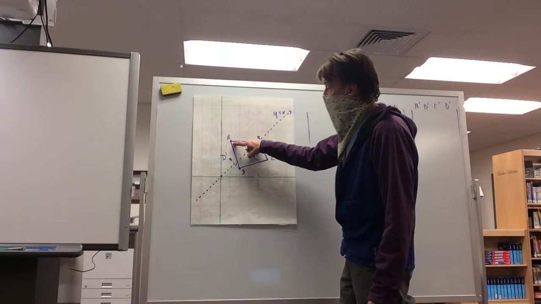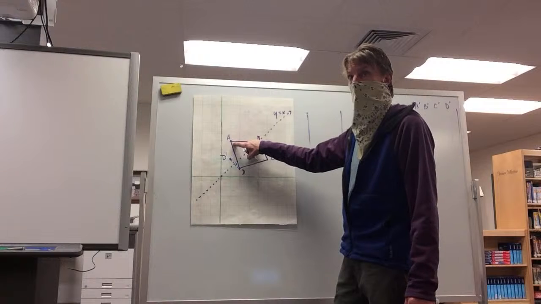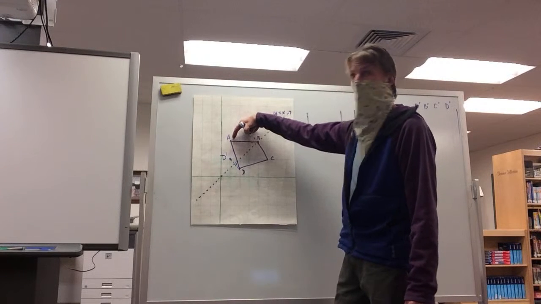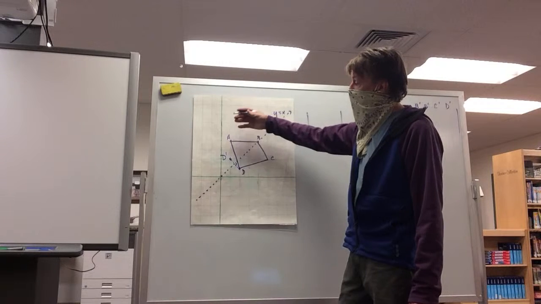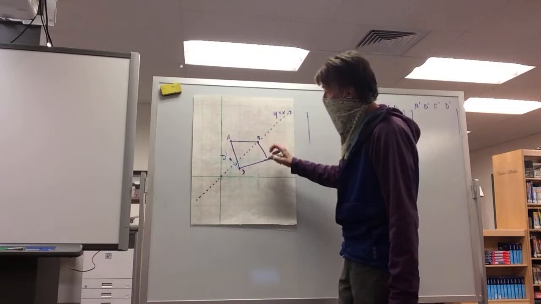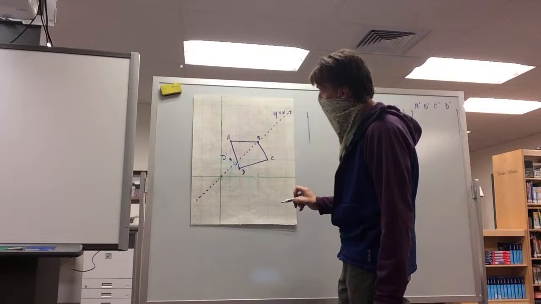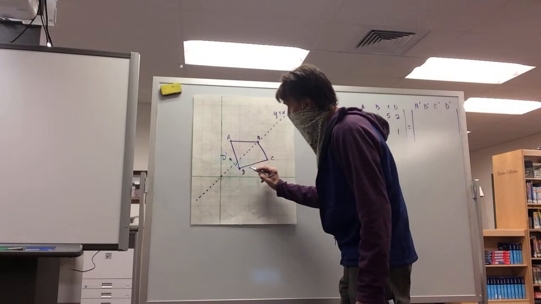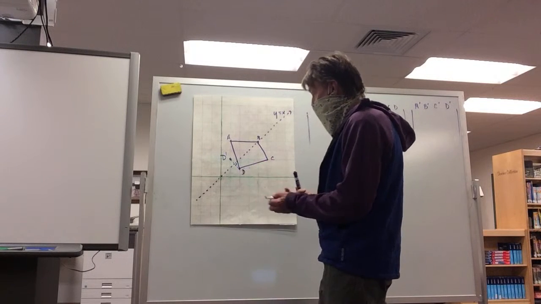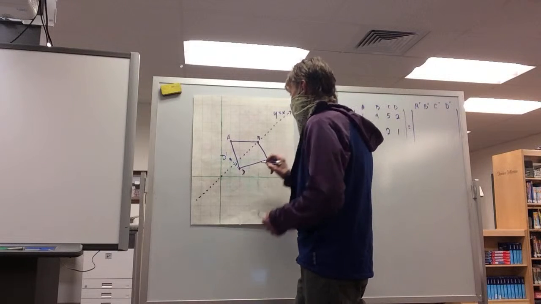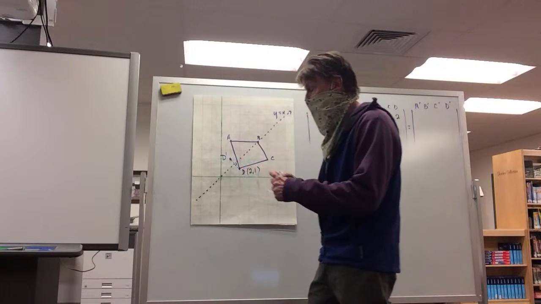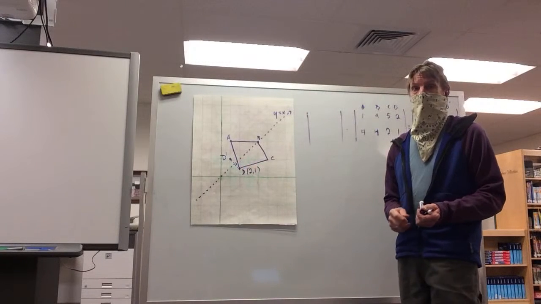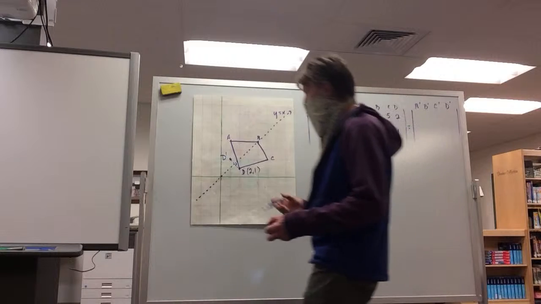What happens to the a value for me? It goes where? Flips over to this side of that line of reflection. So if you look at the d value here, this for mine starts out as the point 2, 1. What's d prime? 1, 2.